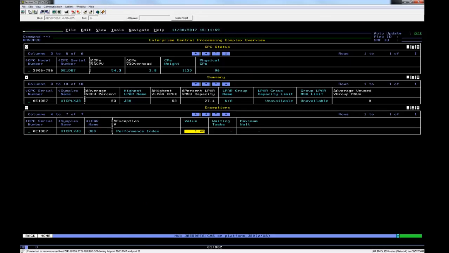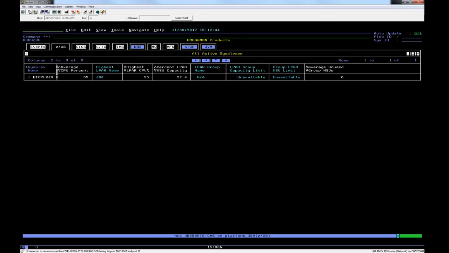Then basic information: the CPU percentage across the complex, the overhead, the weighting of all of the LPARs, the number of physical engines running on the z14, and then there are the 3 sub-panels here. I'm not going to get into all of the details, but this is really a complex level view of what we're monitoring enterprise-wide.